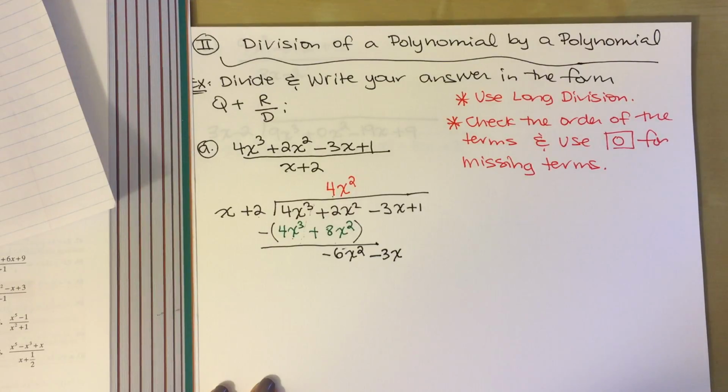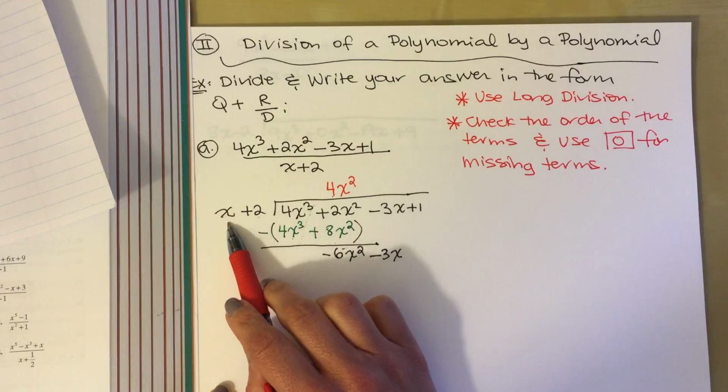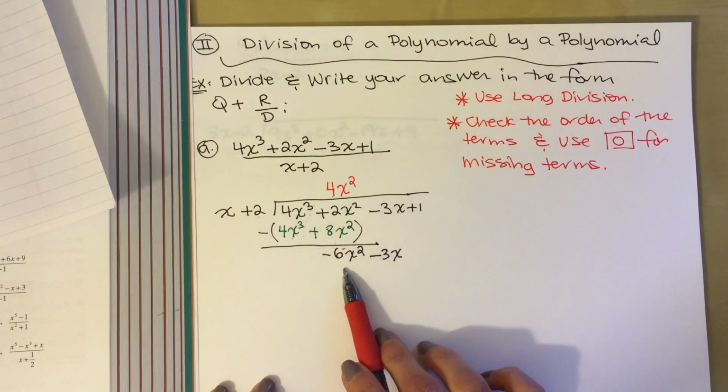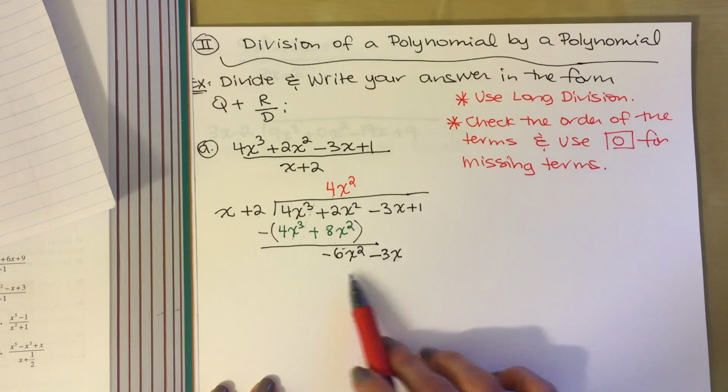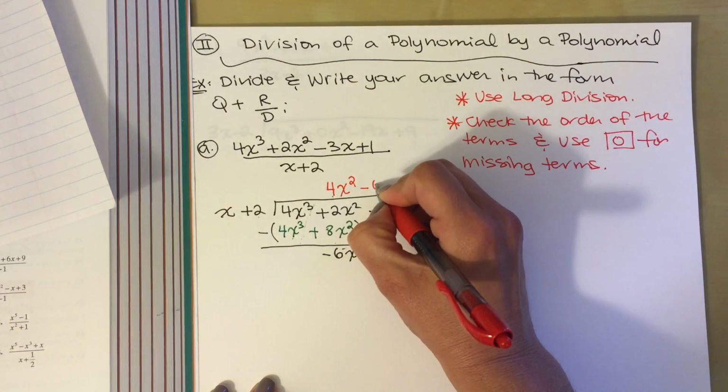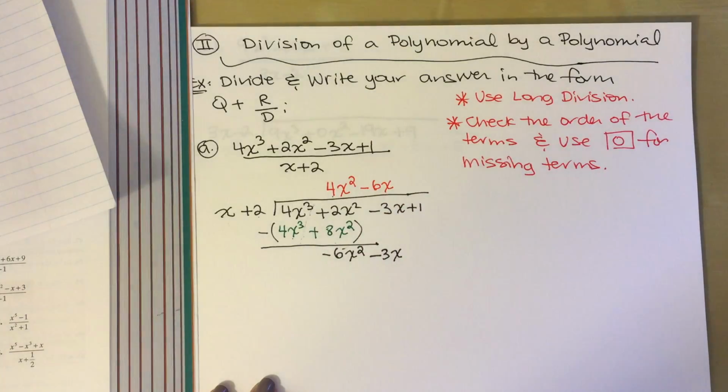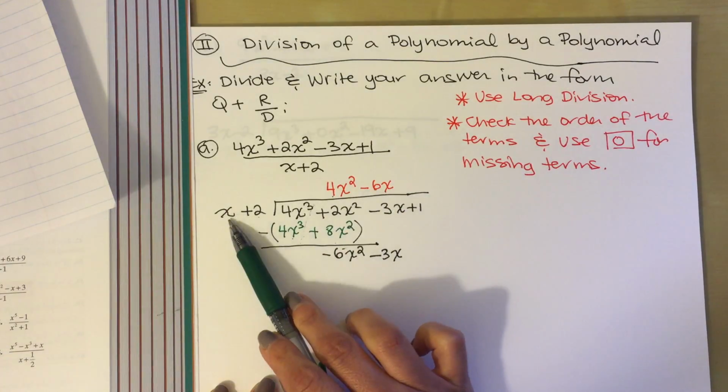We go through the process one more time. X times what gives me -6x squared? That's going to be -6x. We multiply with both terms.